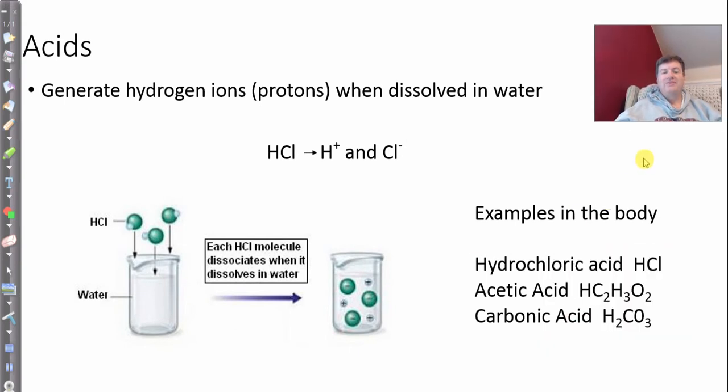When we talk about something as an acid, it is something that generates or produces hydrogen ions when dissolved in water. A hydrogen ion is really just a proton. If you recall what hydrogen was, hydrogen is H with one proton, and it has one electron.